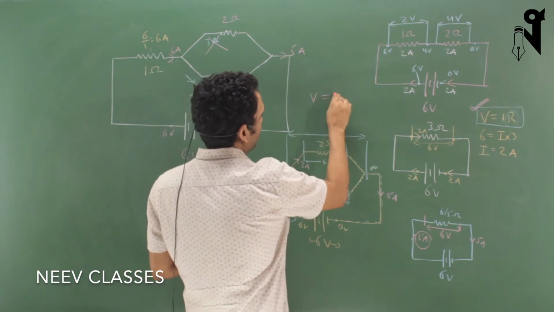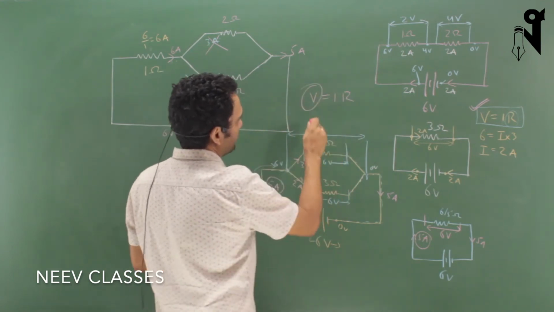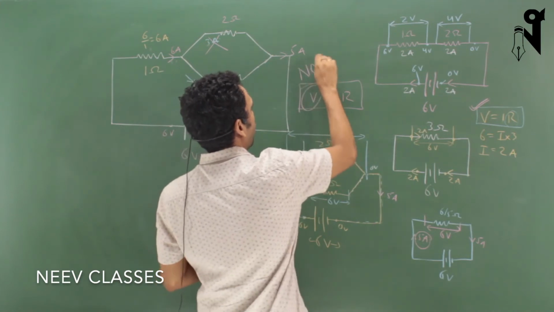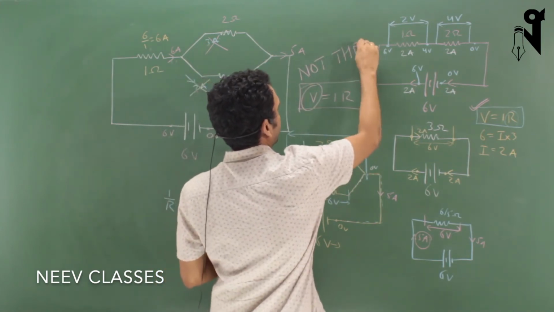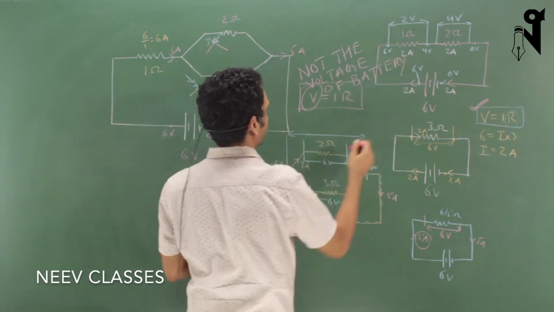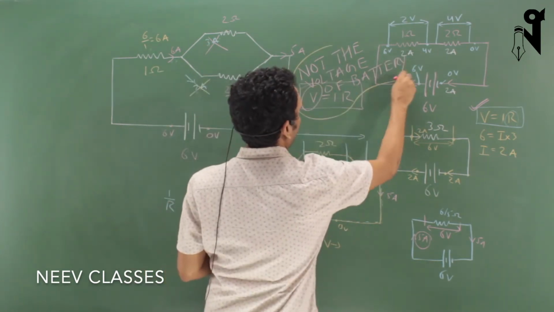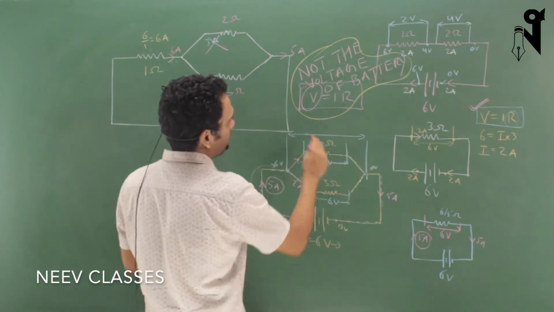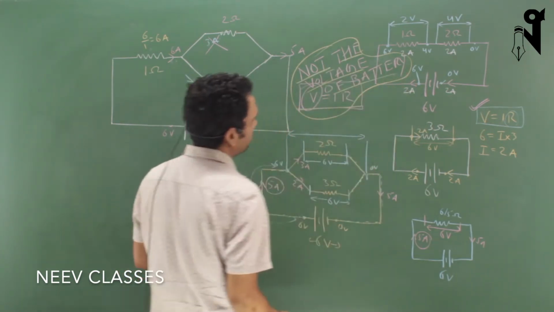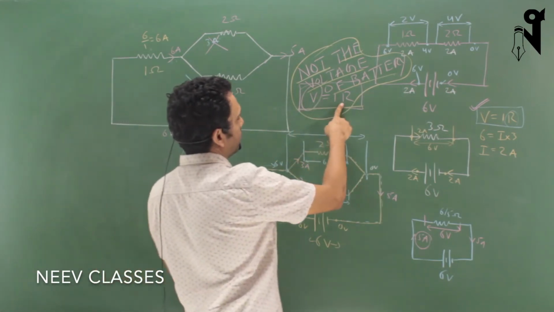So V is equal to IR. In this formula, V is not the voltage of the battery. I hope you understand. Not the voltage of the battery.